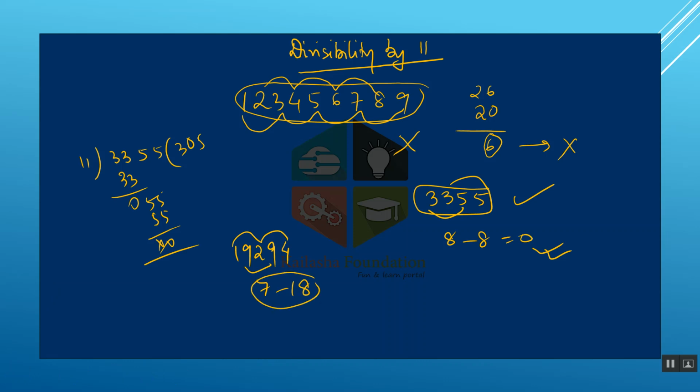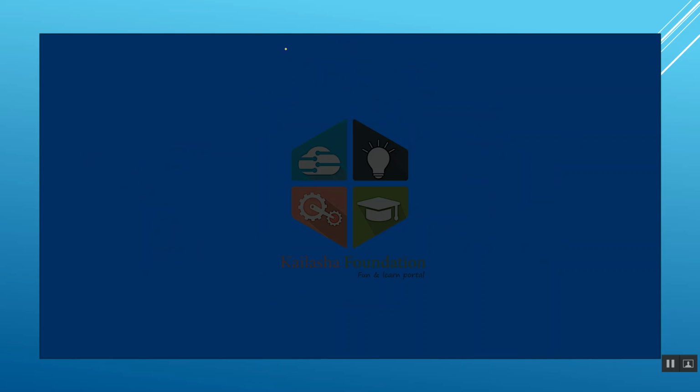What is the difference? Difference is larger minus smaller. So 18 minus 7, that is 11. So 11 is divisible by 11. So 19294 is also divisible by 11.